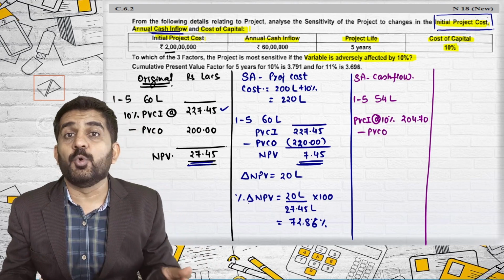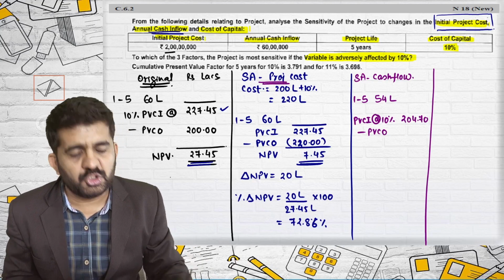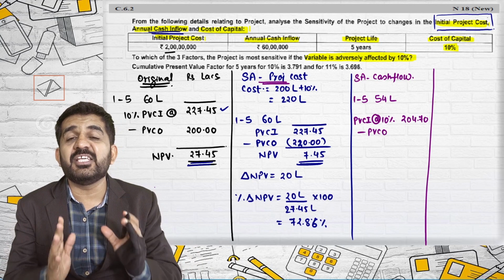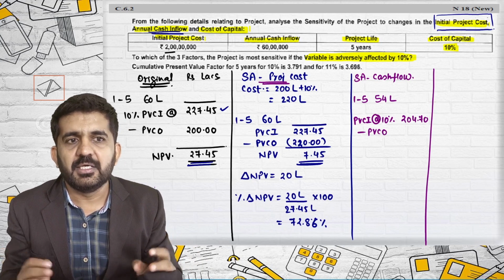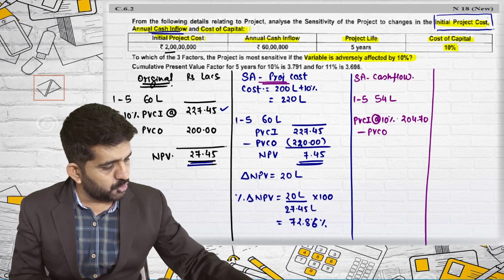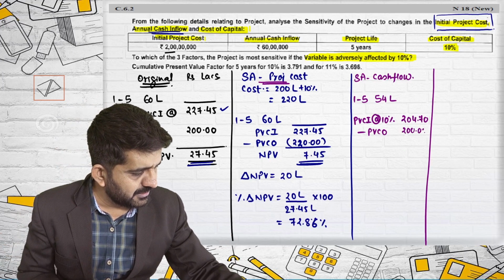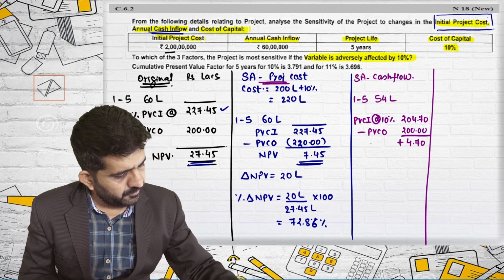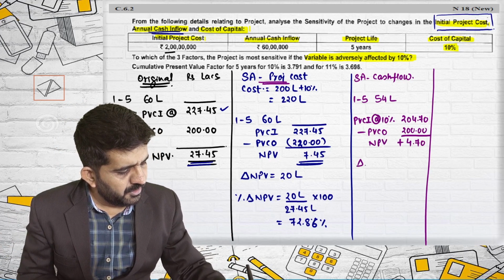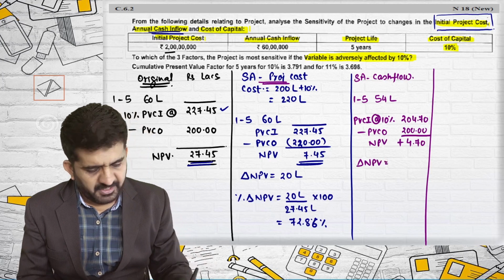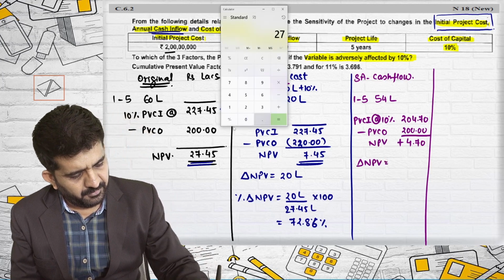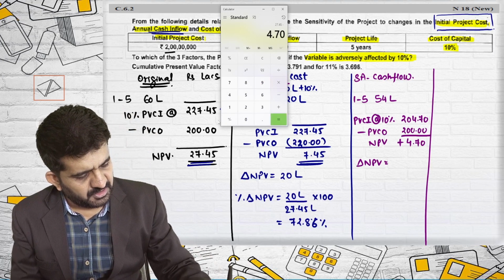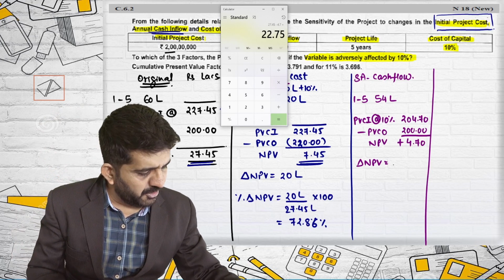200 or 220? 200. I will now not take this situation. I am going to find out the effect on NPV of each and every variable individually. I'm not going to find out in a combined manner. So I will be taking this as 200 lakhs. And this will be 4.70, which will be my NPV. Change in NPV will be 27.45, which was my original NPV, minus 4.70, which is my new NPV, which will be 22.75.